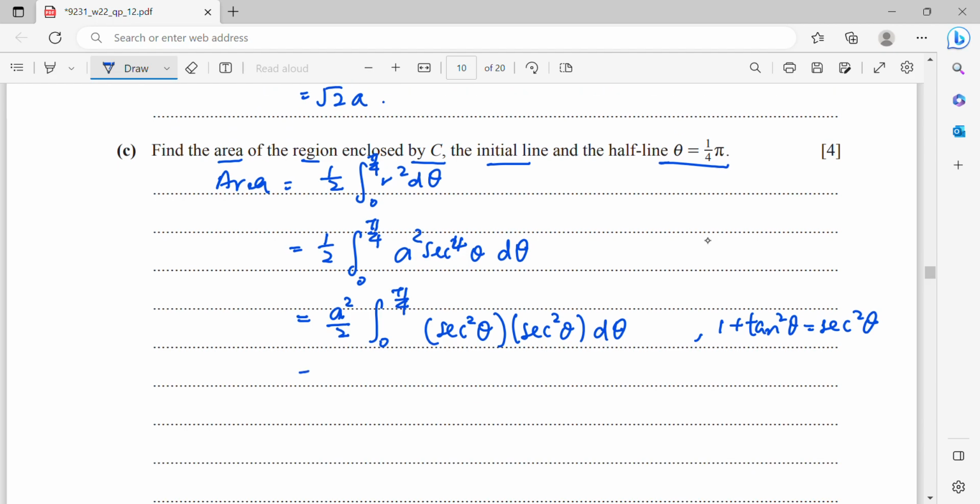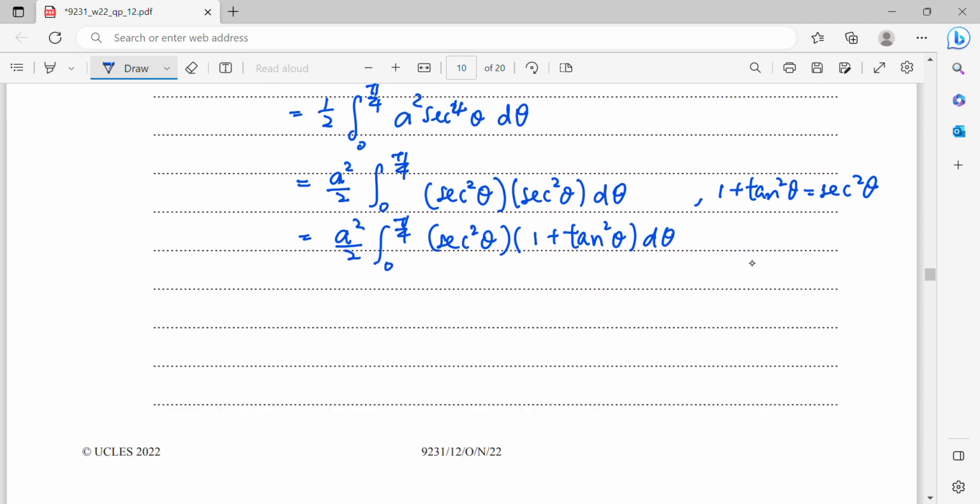So change the second term to 1 plus tangent squared theta. And then here we are going to do the expansion. So sec squared theta times 1, you'll be getting sec squared theta. Then the next one is sec squared theta times tangent squared theta.